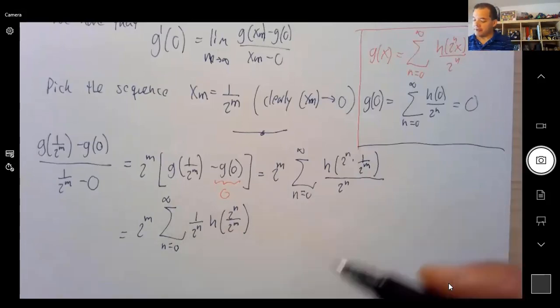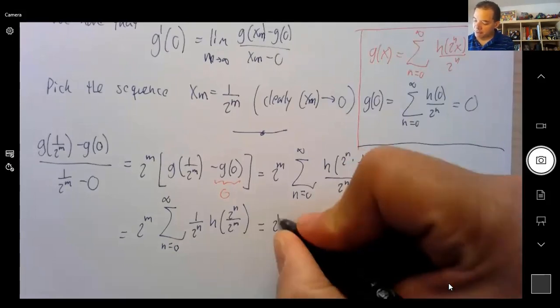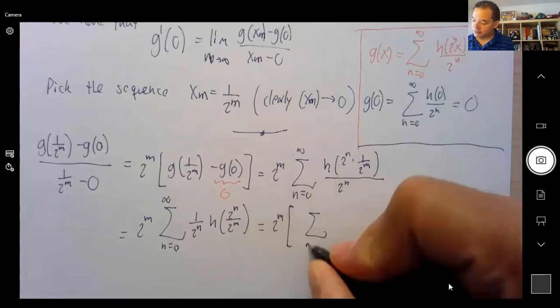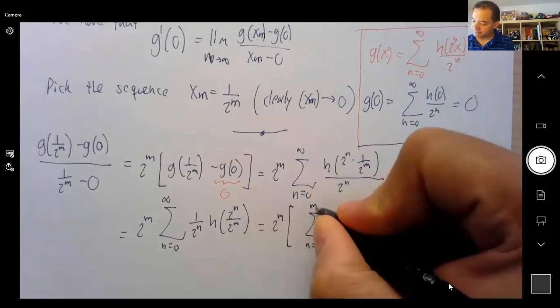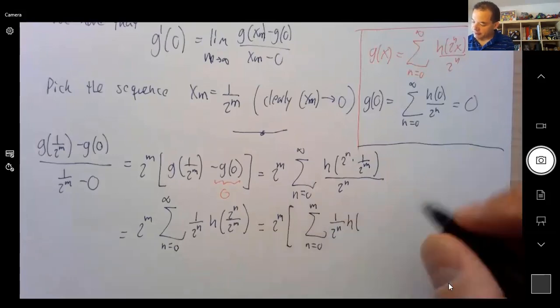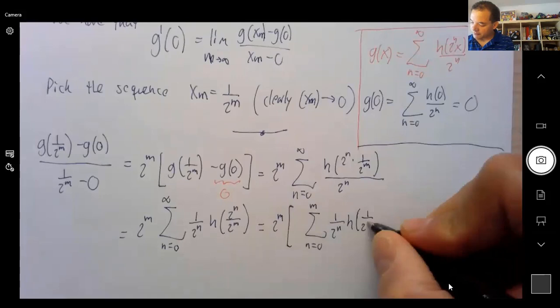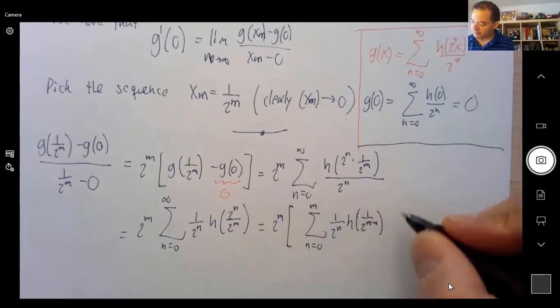So we're going to break this into two parts. The part where we go from 0 to m, and then I'm going to write it like this, 1 over 2 to the m minus n, because m is bigger.